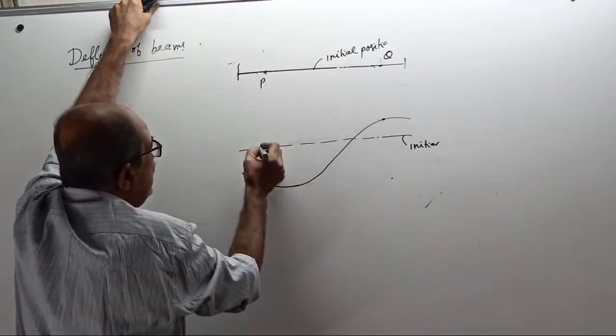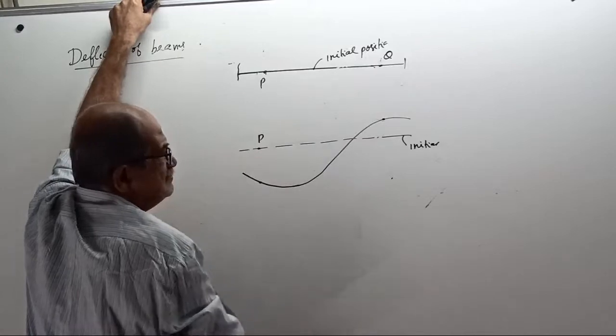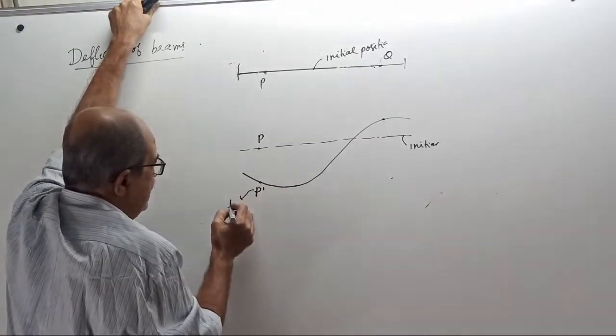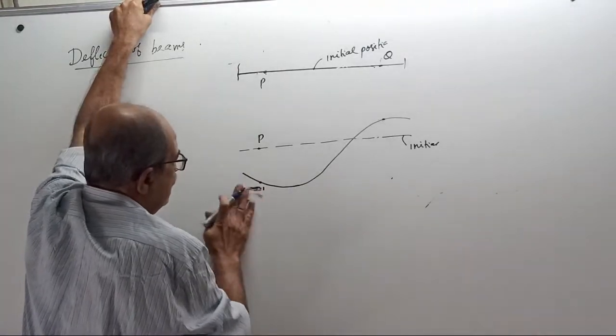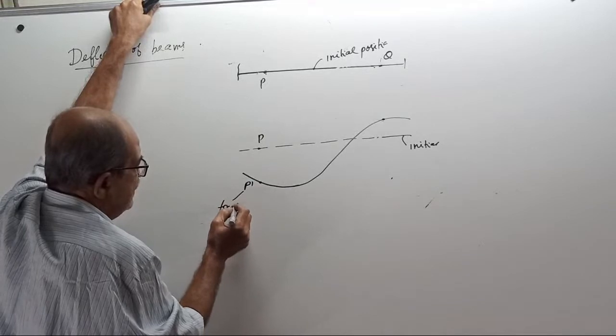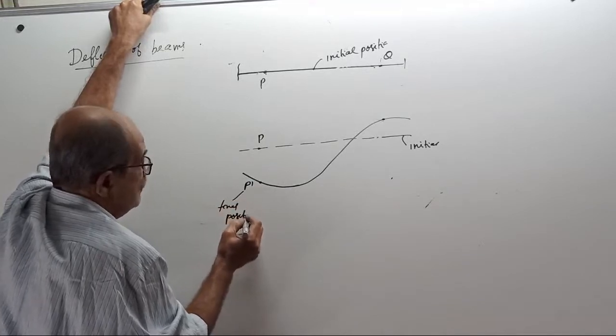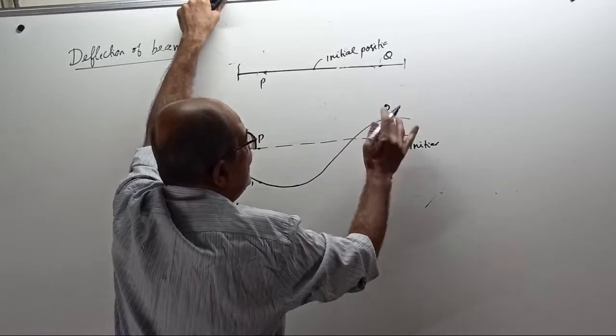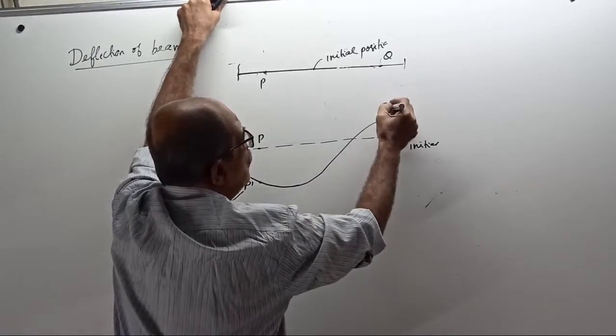The point P, which was initially here, now let it go to P dash. P dash is the final position. This is P dash, the final position. In the same way, this is the initial position of Q, and this is the final position Q dash.